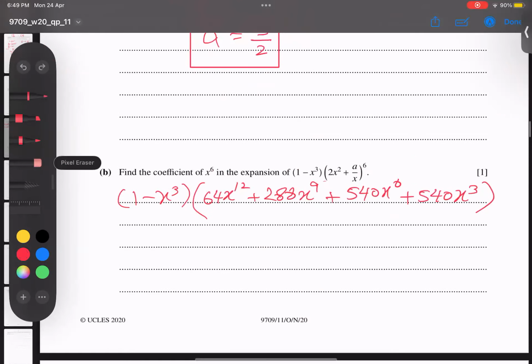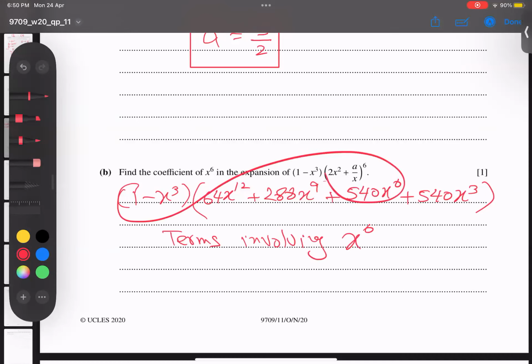So now I think a very clear approach. This multiplied with this gives you x power 6, and this 3 with 3 gives you x power 6. So I'm writing here terms involving x to power 6.